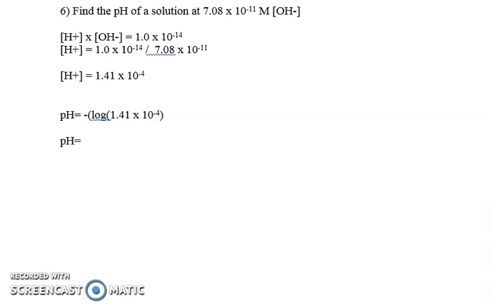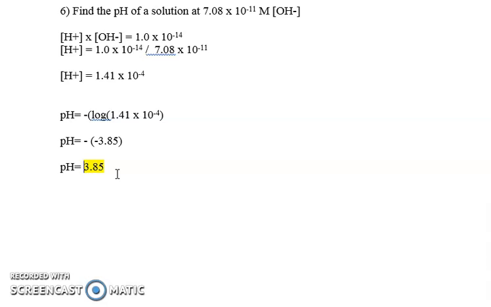So then you are gonna end up with, in parentheses still, negative 3.85. Negative times negative then equals 3.85. And that is your pH value.